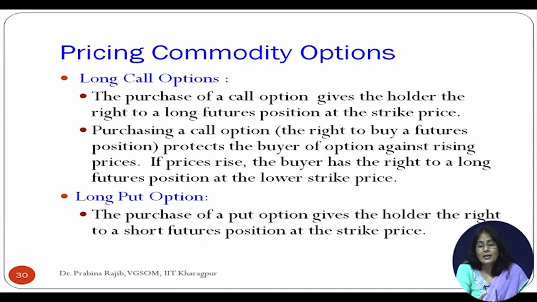So if prices rise, the buyer can exercise the option and take a long futures position in the underlying. If the underlying price increases and commensurately the futures price also increases, the buyer of the long futures position stands to gain, because he has bought the futures at a lesser price, and subsequently the futures price has gone up, so he will make a profit from the long futures position.